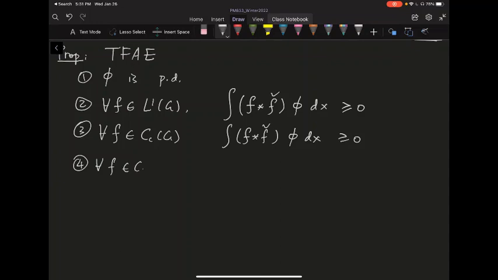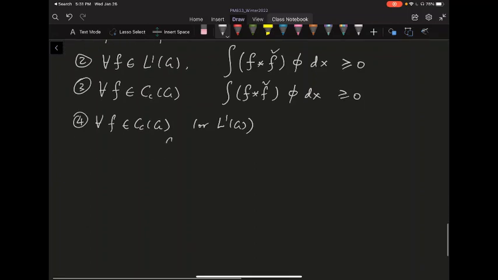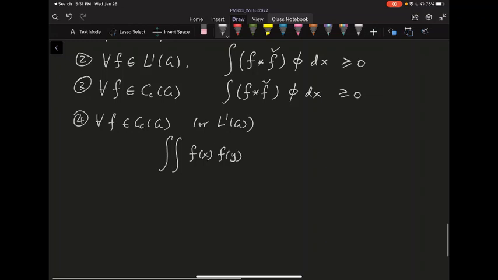So for every f in the Cc of G, of course you can just require it to be in the L1 of G, they're essentially the same thing, you do the double integral of f evaluated at x, times f at y conjugated, times a kernel, phi of x y inverse, okay? This is going to be greater than or equal to 0, okay?